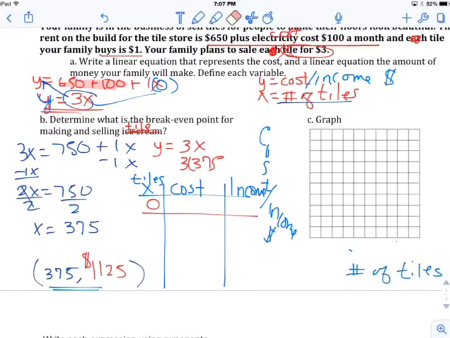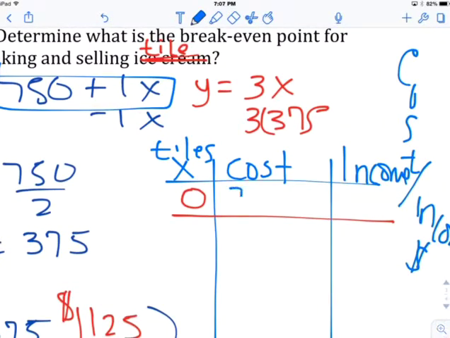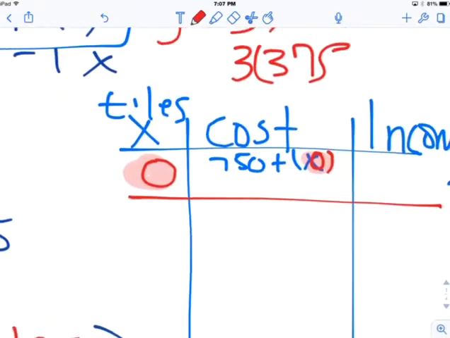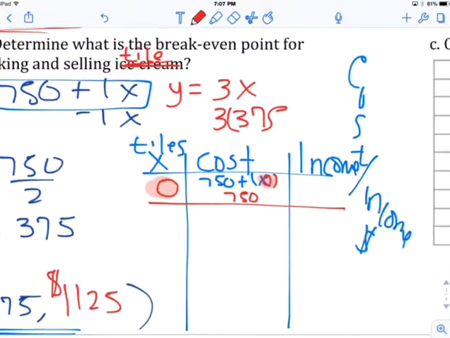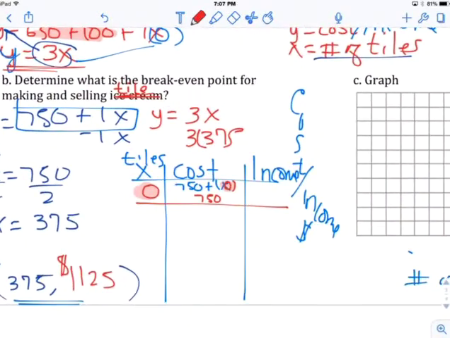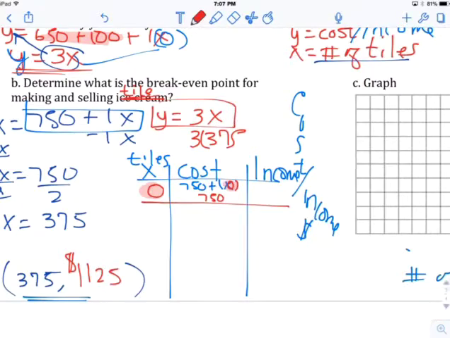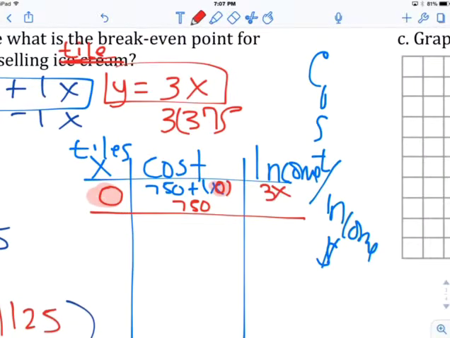You use this cost, 750 plus 1x, and where x is 0, you substitute in 0 there, that leaves you 750. Income, this is your income equation, 3x, x is 0, you get 0. If you sold nothing, you make nothing.